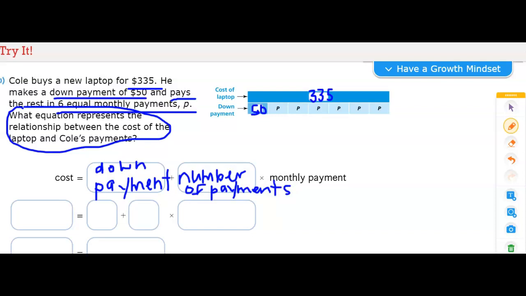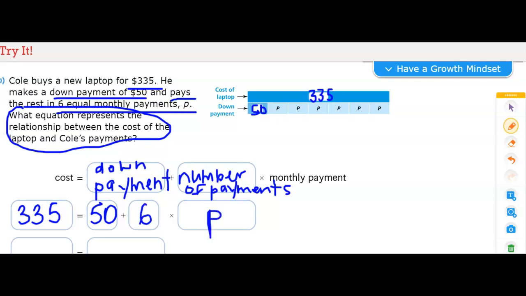So now let's take that and create our numerical equation. The total cost was $335. The down payment was $50 plus the 6 monthly payments, and that's P.